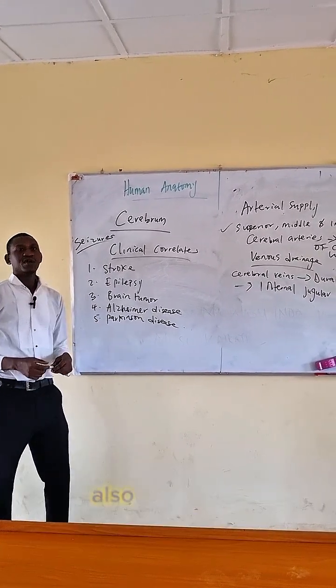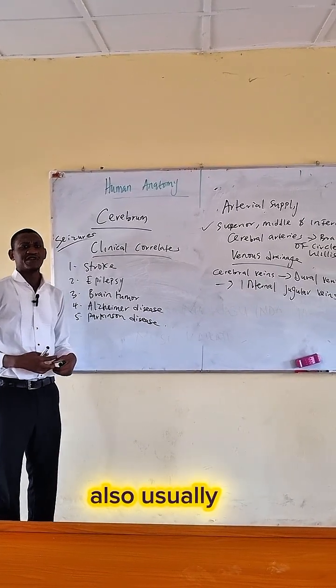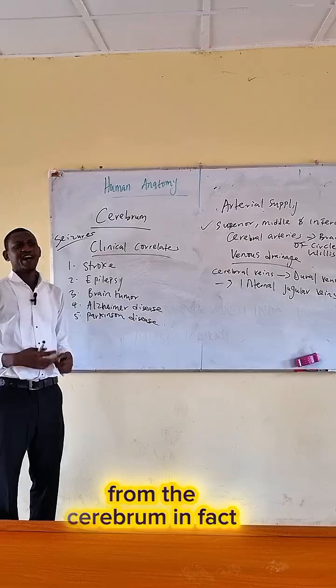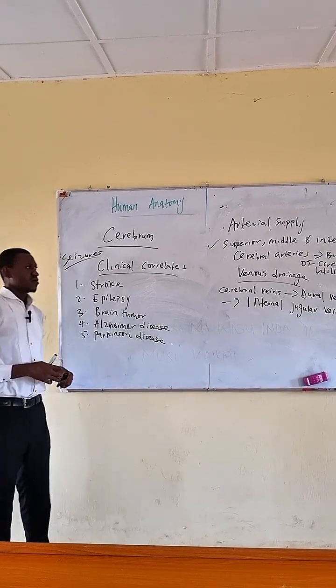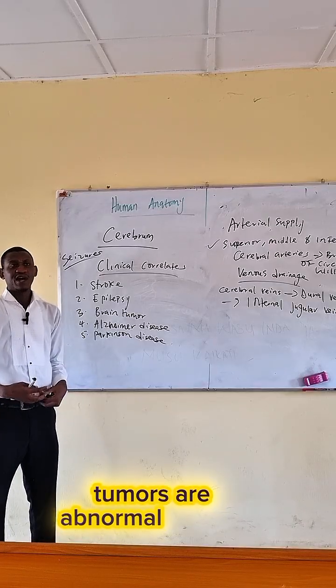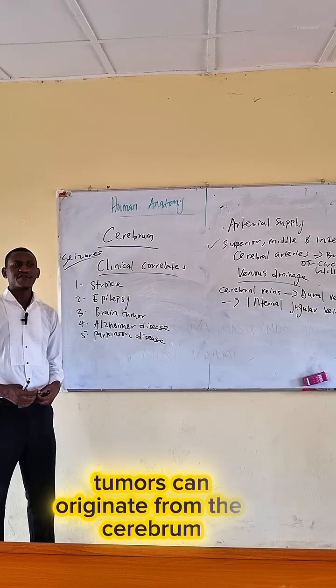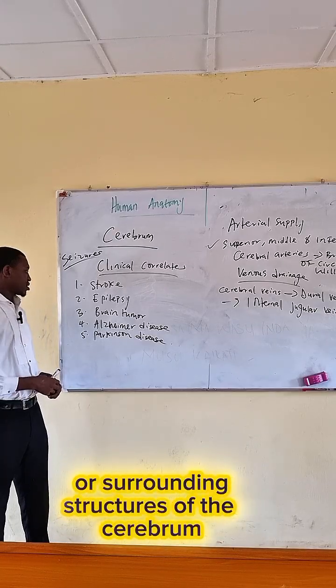Then brain tumor also usually originates from the cerebrum. In fact, it is the most common site of tumor in the brain. So tumors are abnormal growth. Tumors can originate from the cerebrum or surrounding structures of the cerebrum.